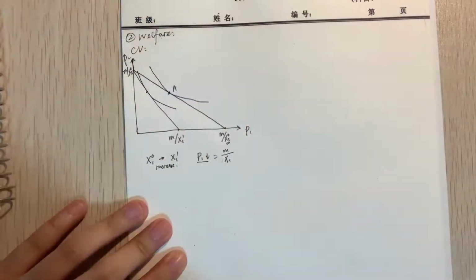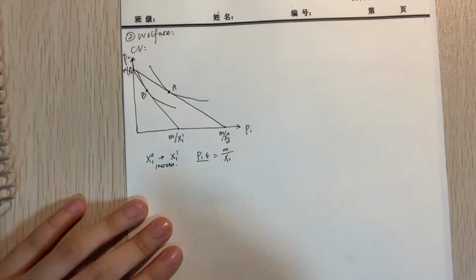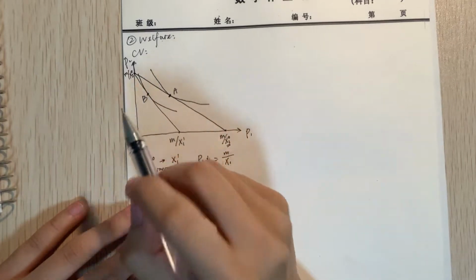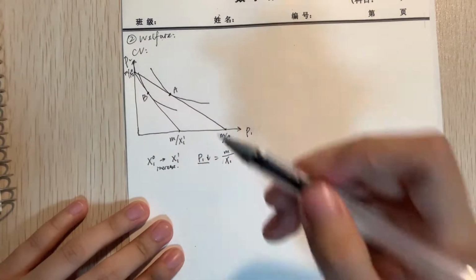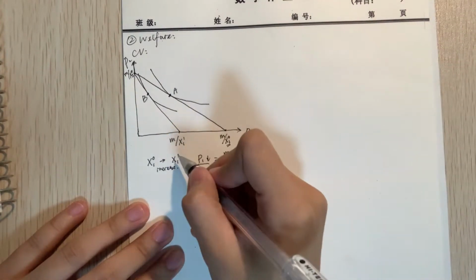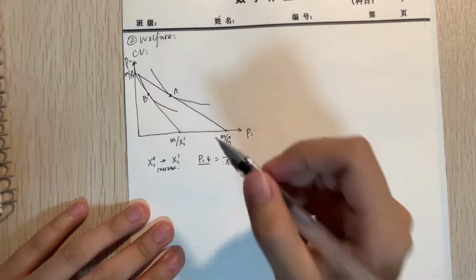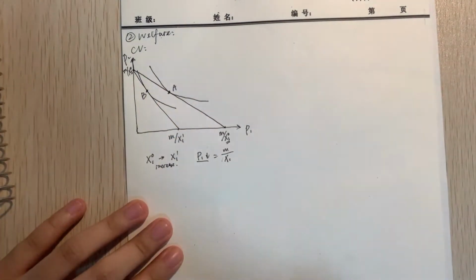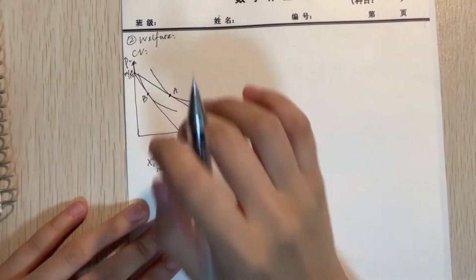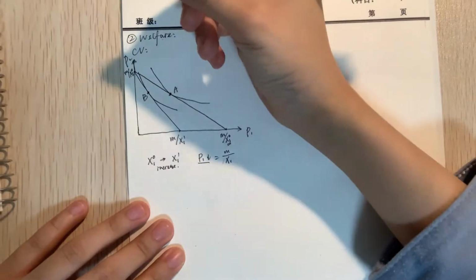Pardon my drawing, it is not perfect, but you get the idea. This is the new equilibrium level. Notice that intuitively, with an increase in quantity and a decrease in price, the utility level actually goes up. It may be a little bit counterintuitive in this graph, but just keep it in mind. It will help you understand.